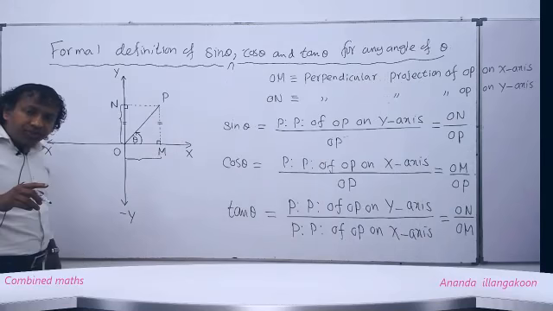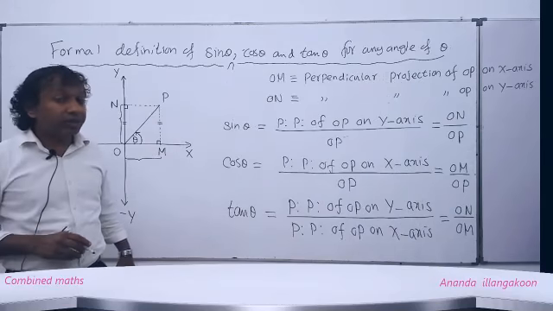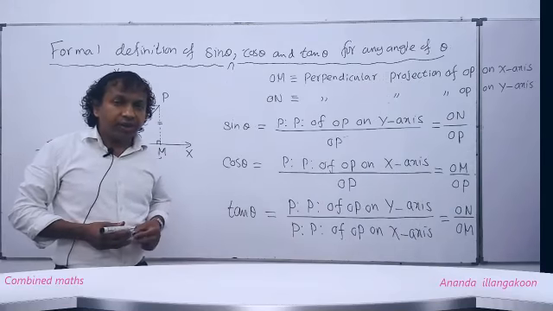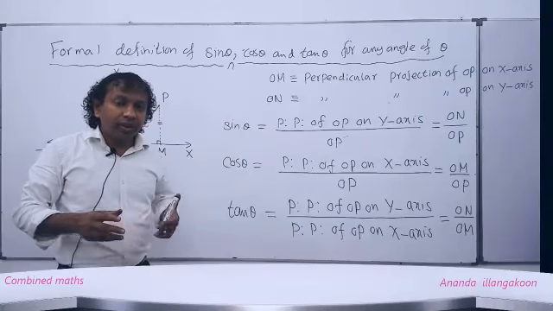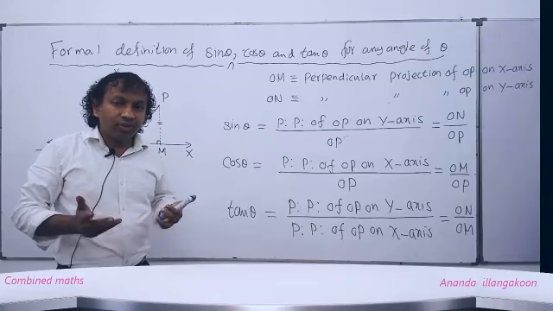Now people, see the earlier issue we had. If we need to define sine for the angle 120, there is no need to worry about drawing a right angle triangle.